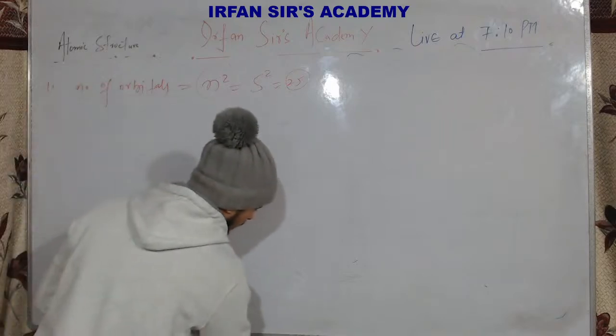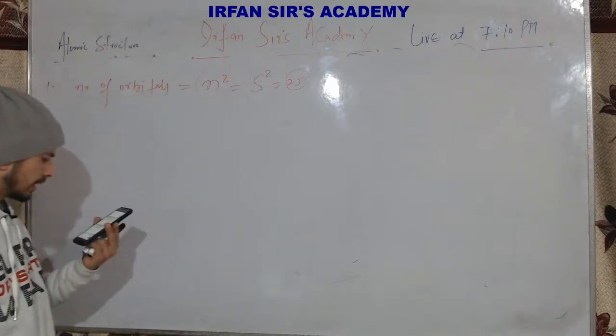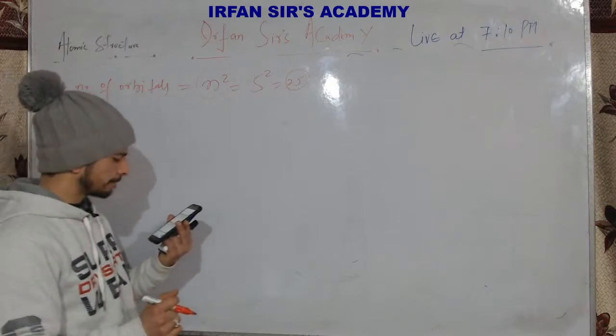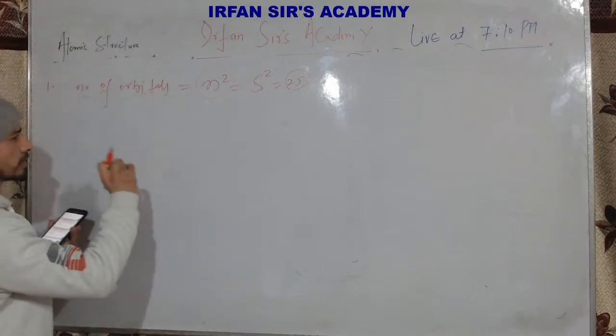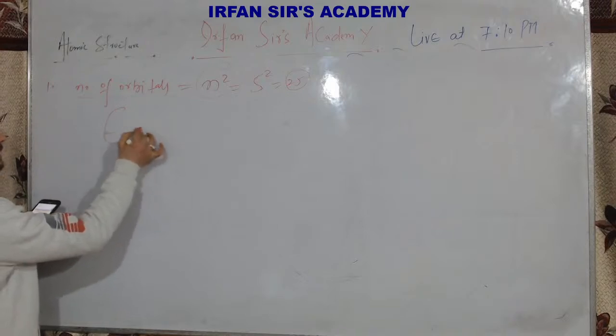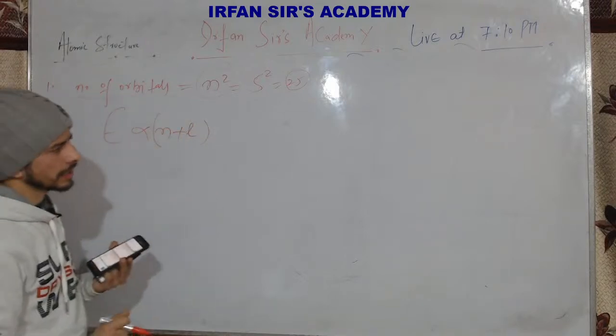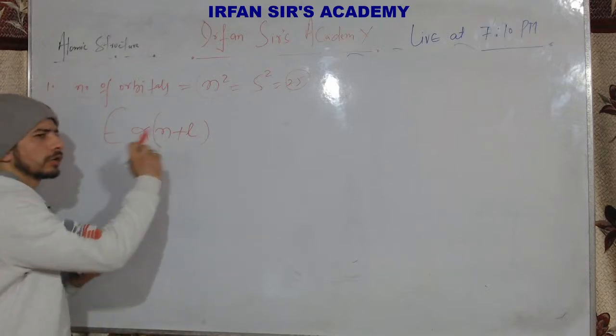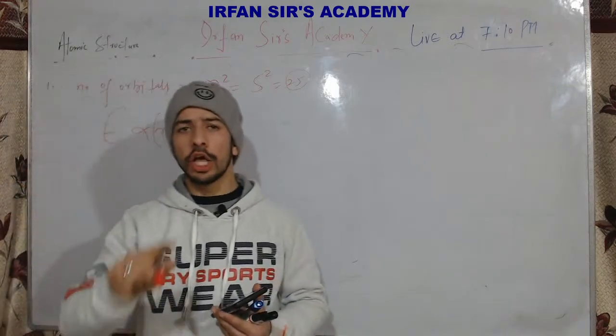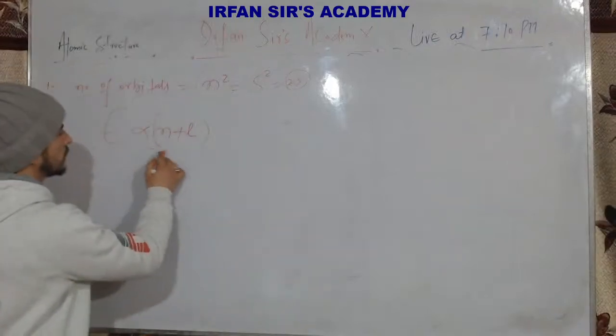You know that the energy of an electron in any orbital is given by the n plus L rule. It is directly proportional to n plus L. Remember that the more the value of n plus L, the more will be the energy.